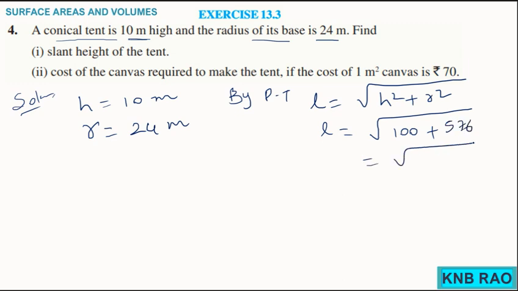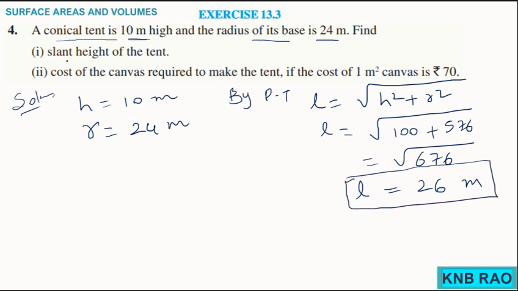Now root under 676, you know, root under 676 is 26. 26 meters will be the value of L. So the slant height of the tent he has asked us to find, we have found it.